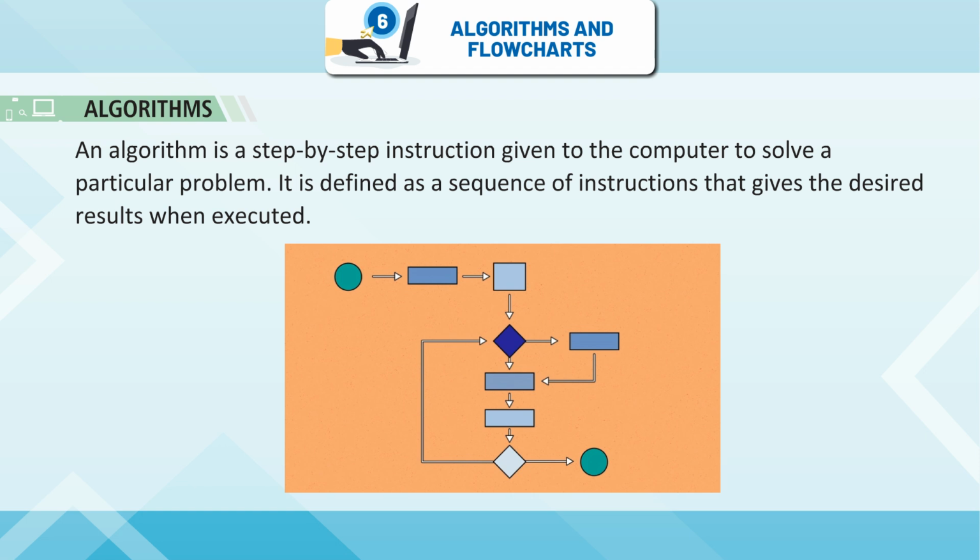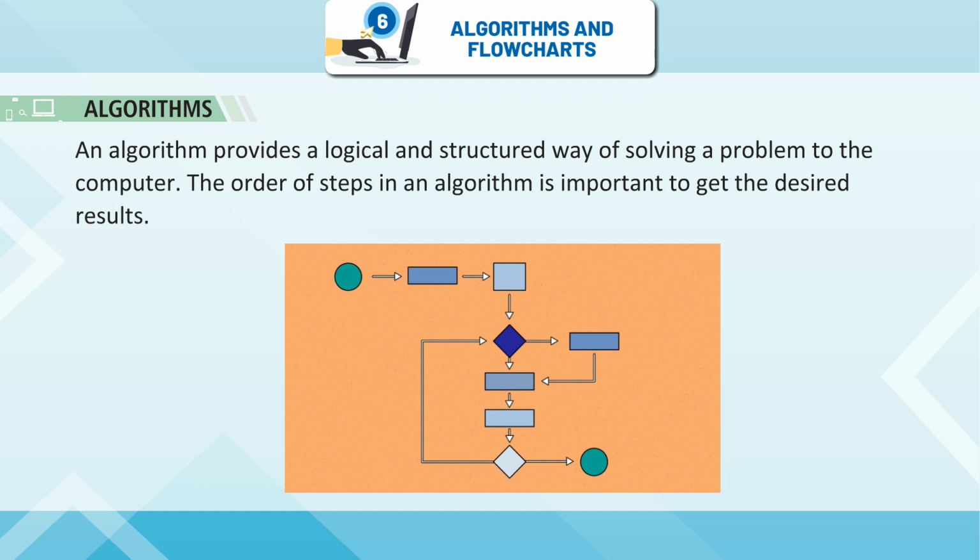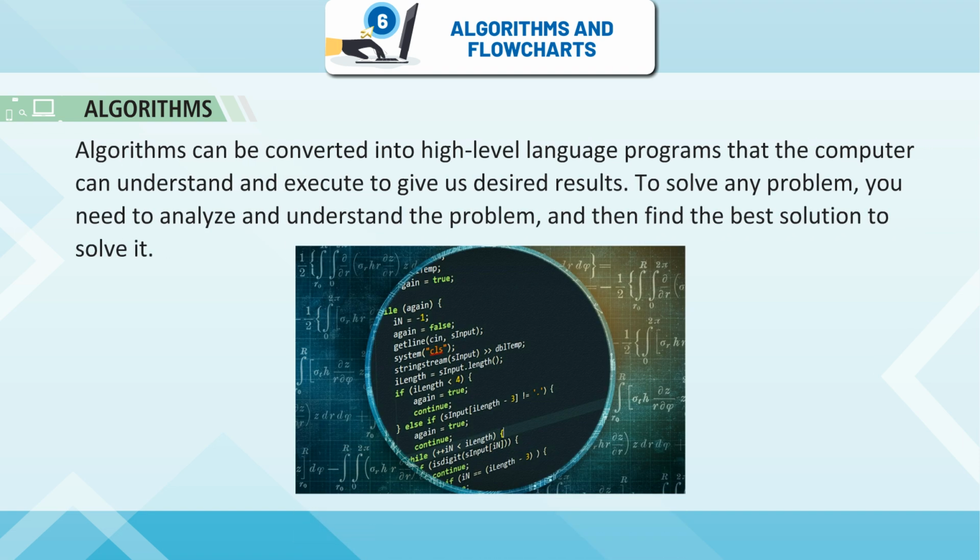It is defined as a sequence of instructions that gives the desired results when executed. An algorithm provides a logical and structured way of solving a problem to the computer. The order of steps in an algorithm is important to get the desired results. Algorithms can be converted into high-level language programs that the computer can understand and execute to give us desired results.